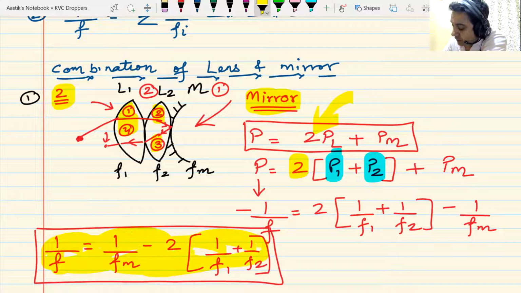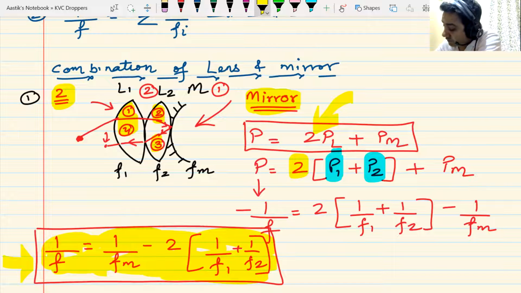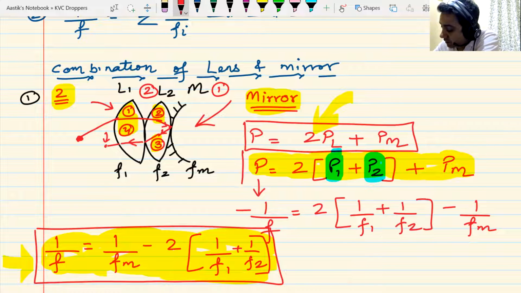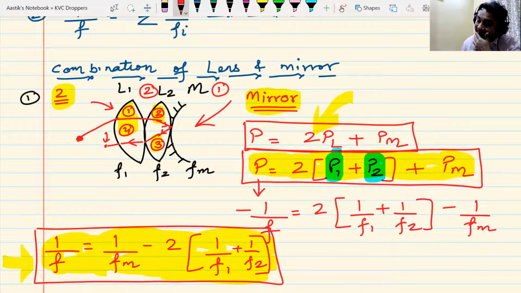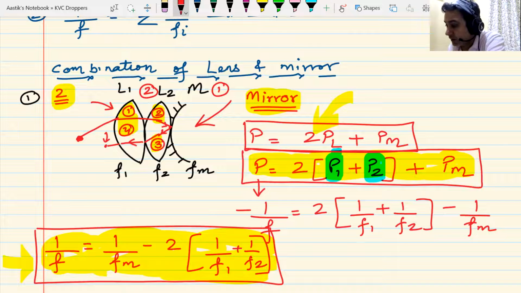Both formulas are the same. The only difference is that this formula is given in terms of focal length and this formula is given in terms of the power of the two bodies. Do we understand this? Yes, sir. I will give you a minute to note this down.